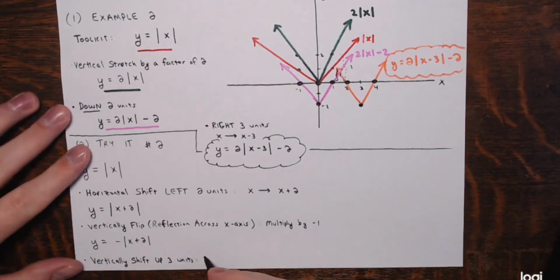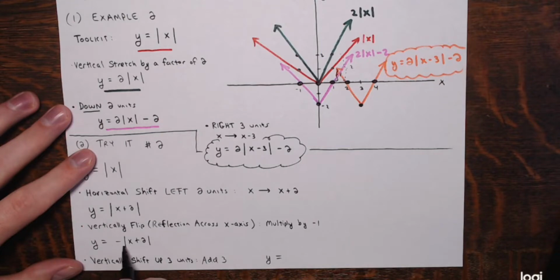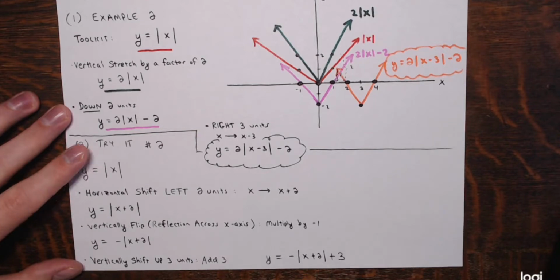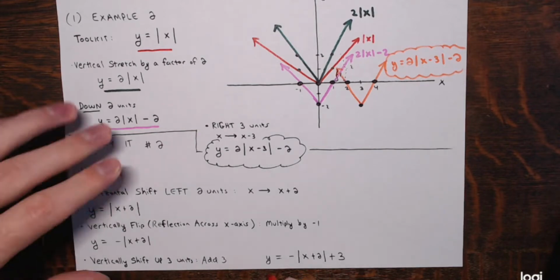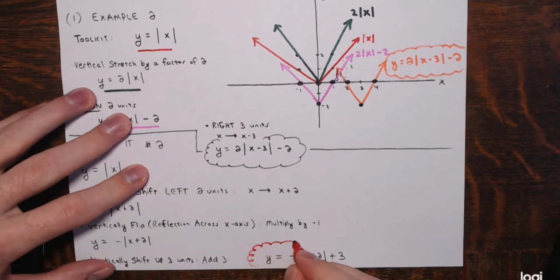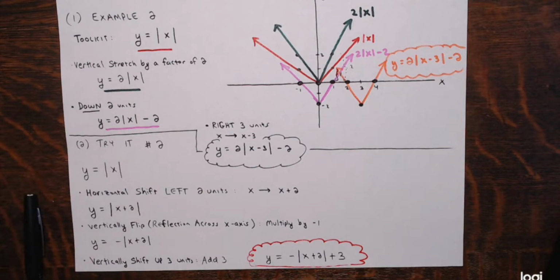This would just be simply adding 3 to move the function up 3. So we end up with y equals, take the previous rule, -1 times the absolute value of x plus 2, and then we're just adding 3 to this rule, and there we go. Here's an equation for the absolute value function they just described.